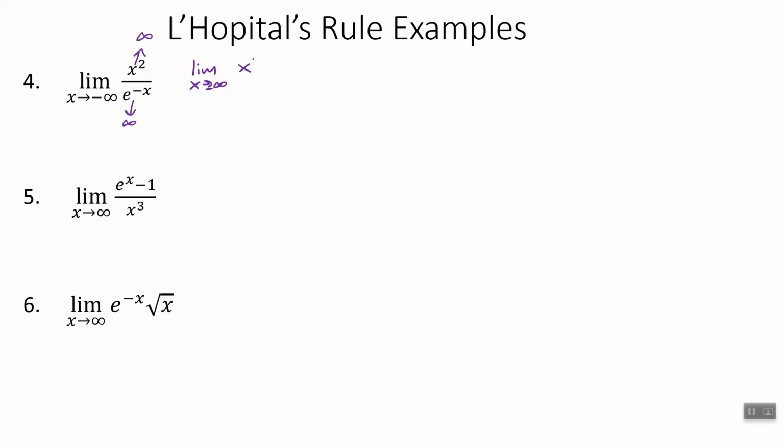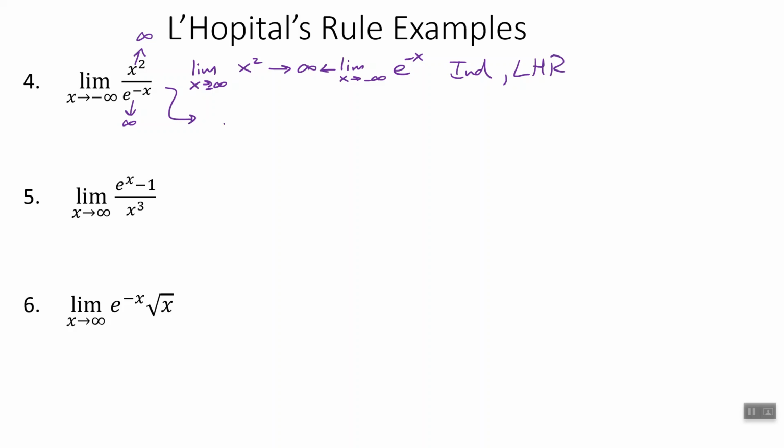All right, so we've got x squared goes to positive infinity. The limit as x goes to negative infinity of e to the negative x also goes to positive infinity. So we are indeterminate. We're going to use L'Hopital's rule.